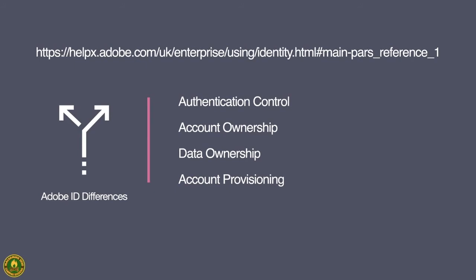With Enterprise and Federated IDs, the organization retains control of the account, whereas with a standard Adobe ID, the end user always will. In much the same way, the data created is owned by the end user if they use an Adobe ID, but the organization retains ownership with Federated or Enterprise.